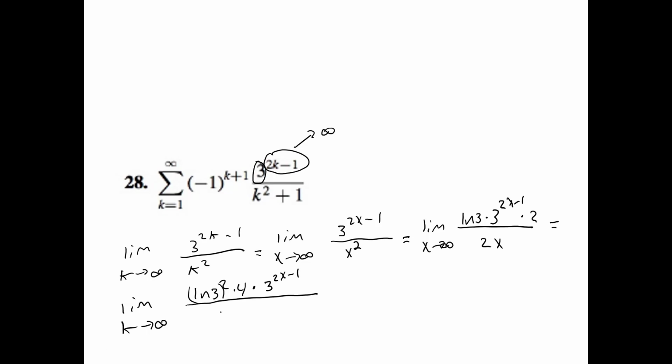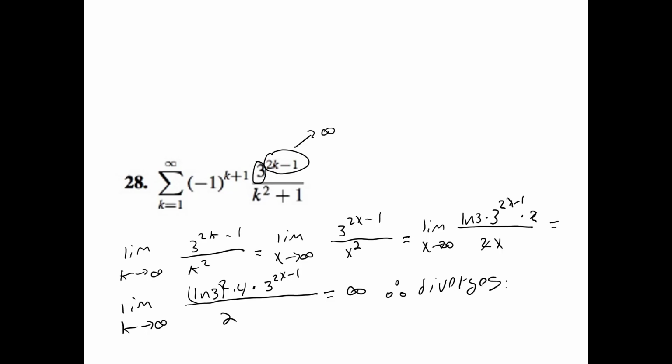And in the denominator, you're going to have 2. Actually, I could have just canceled those 2's out, but I didn't. But either way, now the numerator is going off to infinity, so this is infinity, therefore diverges. This thing diverges.